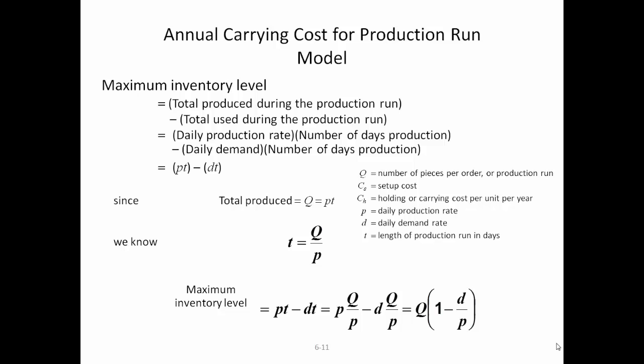So at the end of the day, when we look at our maximum inventory level, we look at the number of pieces that we order, Q, times 1 minus the daily demand rate divided by the production rate.